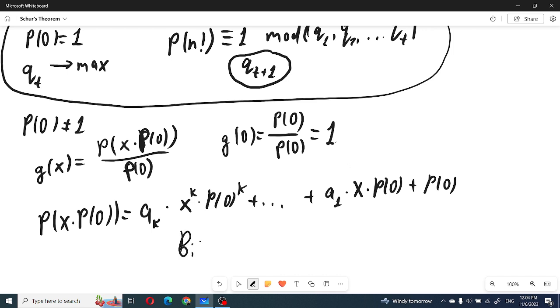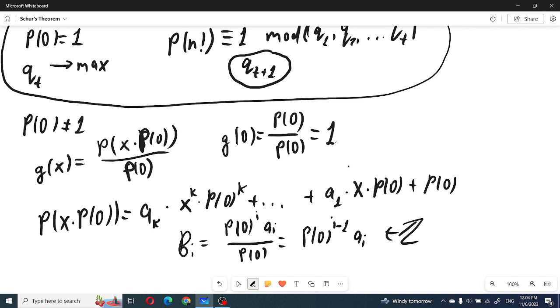So p0^i times ai over p0 must be p0^(i-1) times ai, and clearly this is an integer. So we have proved that g has integer coefficients and g of 0 equals 1.